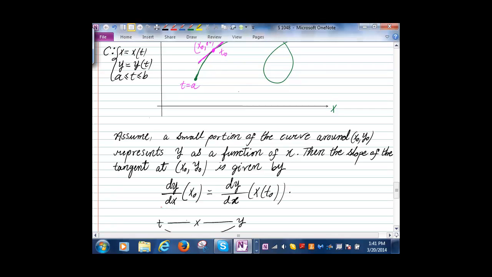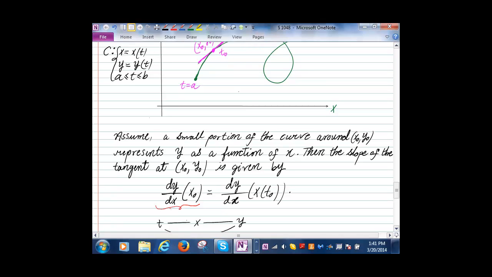So the derivative of y with respect to x evaluated at x0. The x coordinate of the point is x0. So if y is a function of x, then the slope at x0 is given by the derivative of y at x0. So the derivative of y with respect to x evaluated at x0 is the slope, right?